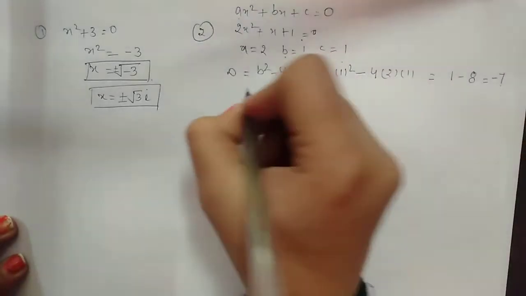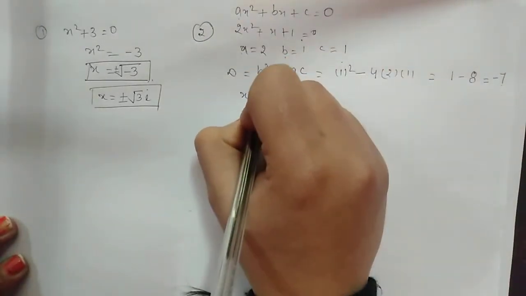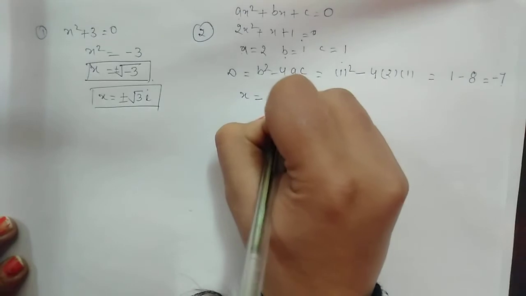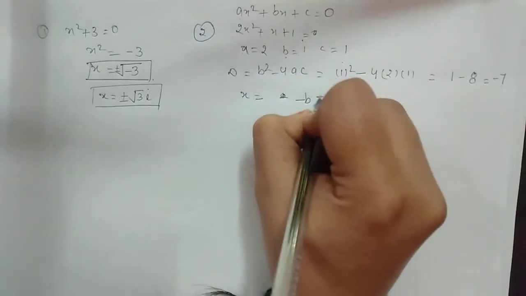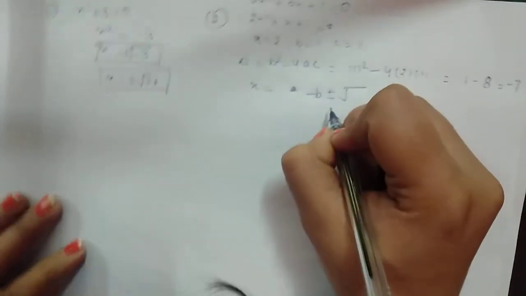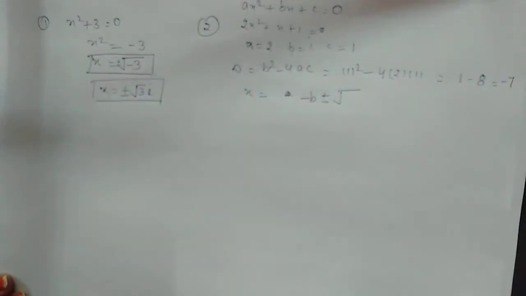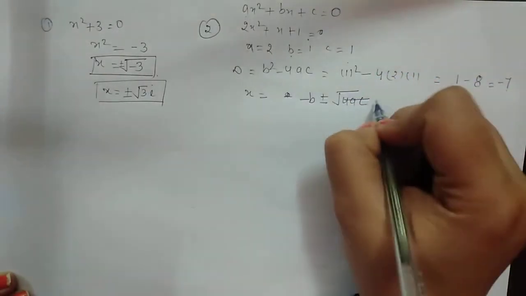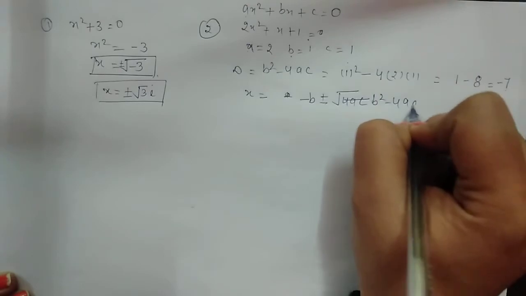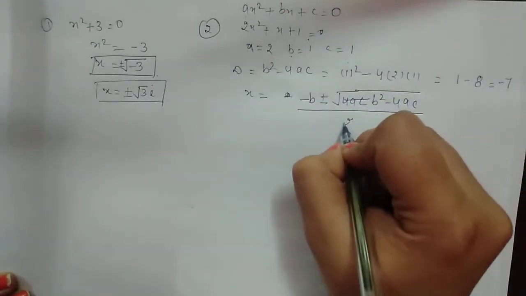हमें क्या करना है, x की वैल्यू कैसे फाइंड आउट करेंगे, बाय यूजिंग फॉर्मूला, that is minus b plus minus under root b square minus 4ac upon 2a.